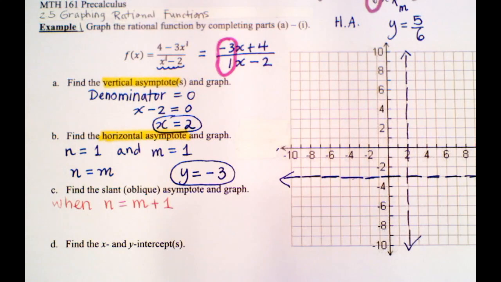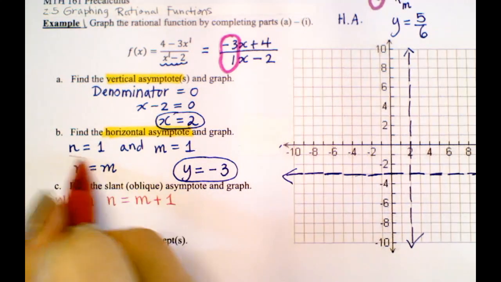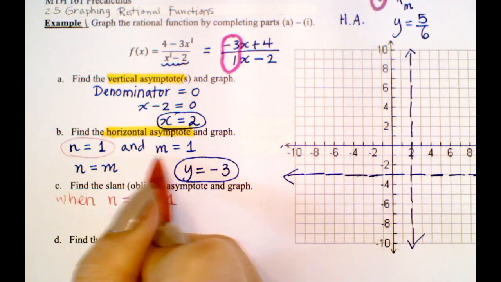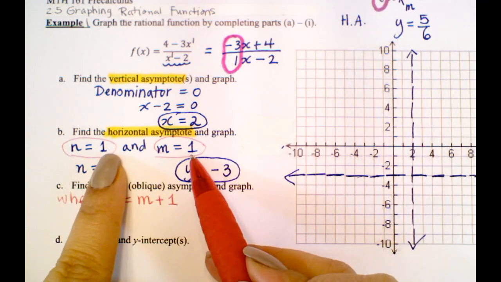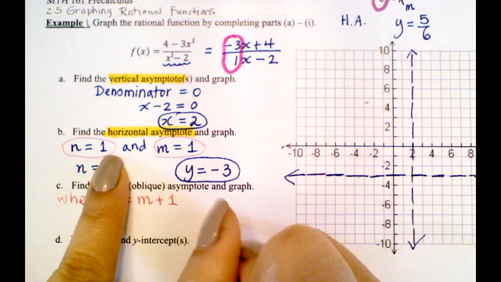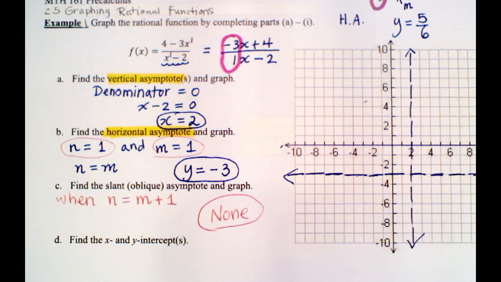I wrote it this way because I think you still have the notes with you. We only have the slant asymptote when the degree of the numerator is exactly 1 bigger than the degree of the denominator. But take a look. n is 1 and m is 1. They are the same, right? We're not going to have a slant asymptote here.